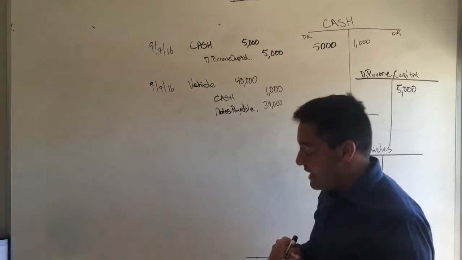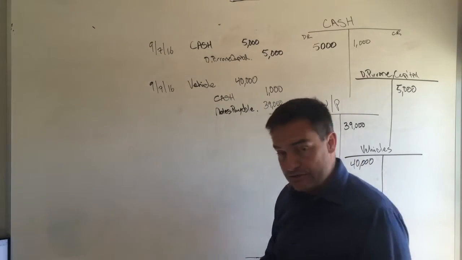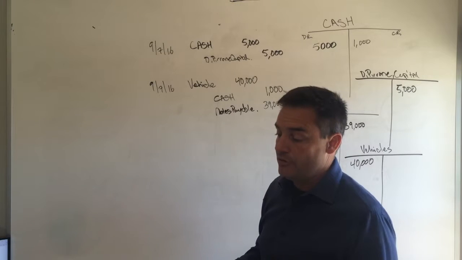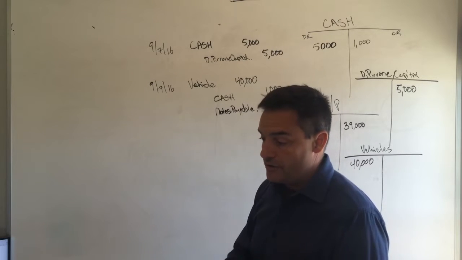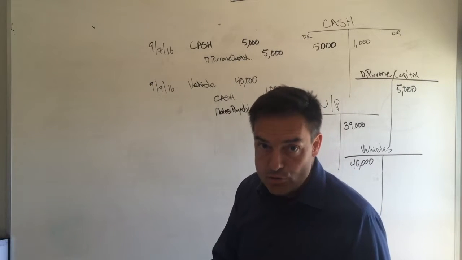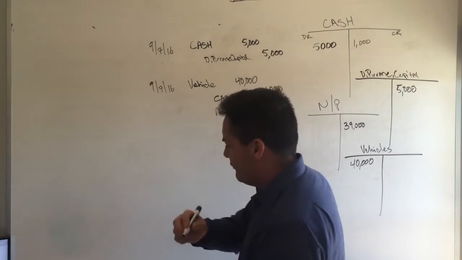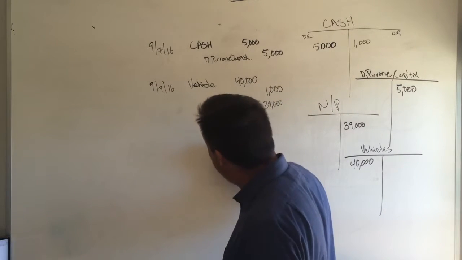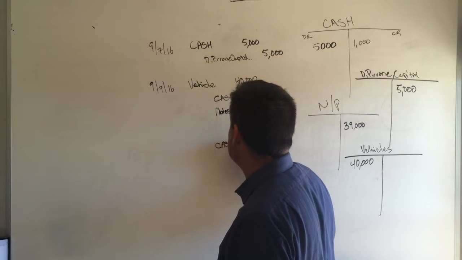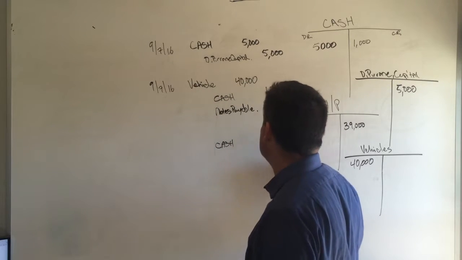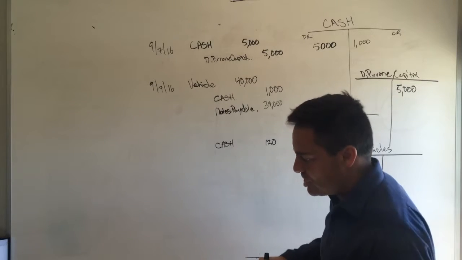All right. Next thing what we did is we went and we needed some clippers, so we decided we were going to buy some clippers at the store. We walk into the store, we write a check for $120 for those clippers. So if you write a check, I always recommend students to do the cash side of the transaction first. If you write a check, you credit cash.